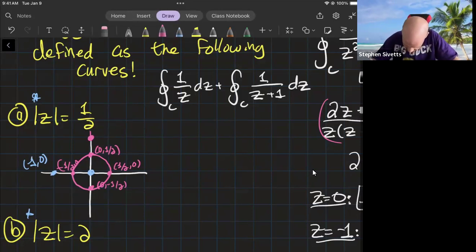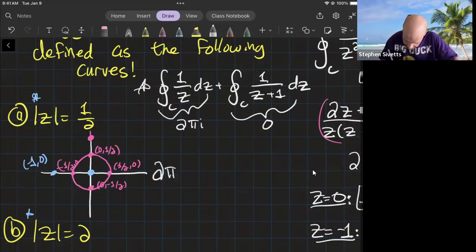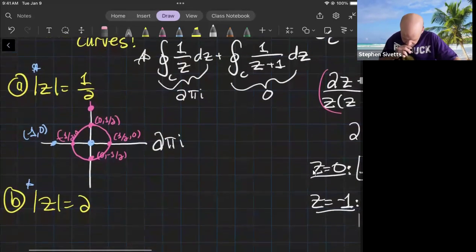So the integral of 1 over z dz would be 2 pi I, and this other one, by the Cauchy-Goursat theorem, would be 0. So the line integral of this function along modulus of z equals 1/2 would equal 2 pi I.